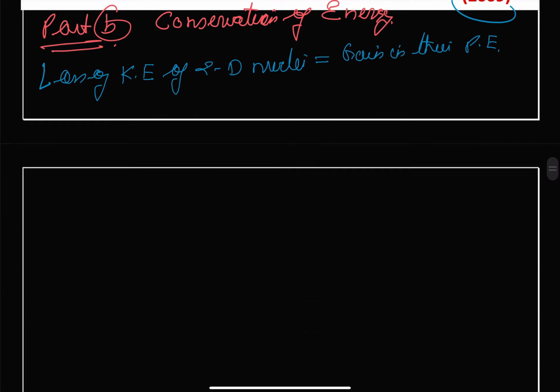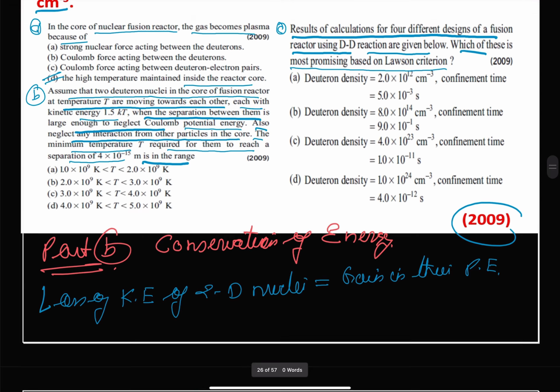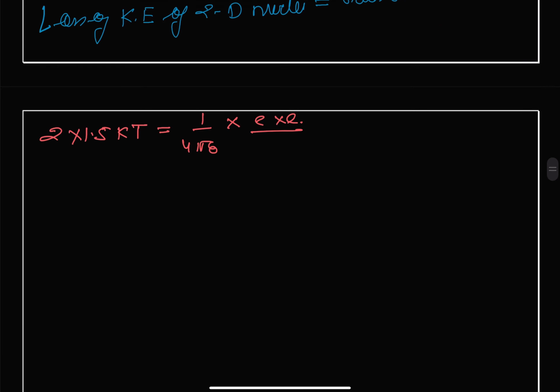So their loss will be equal to 2 × 1.5 kT, and the gain will be equal to 1/(4πε₀) multiplied by Q1 Q2 divided by the distance between the two, that is 4 × 10^-15.